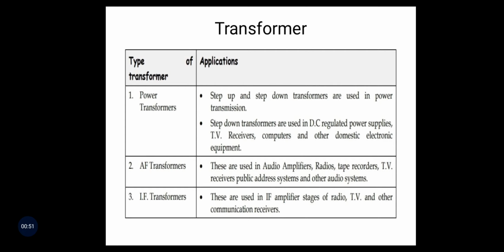There is no electrical connection between primary winding and secondary winding. There is a magnetic connection, magnetic flux connection. That means when the current flows through the primary winding, it produces the magnetic flux.